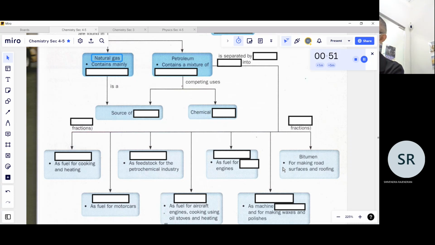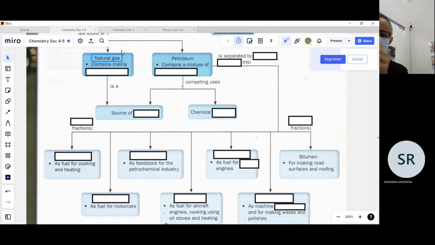Don't need to be the same as mine. You have to use the main gist, the key details. Okay, one more minute. Let's start.